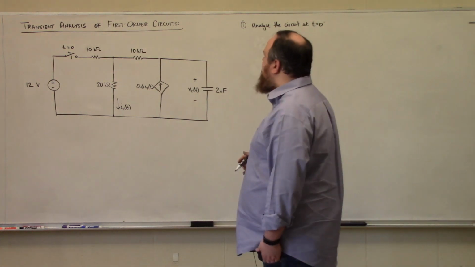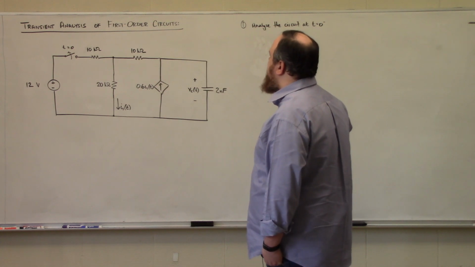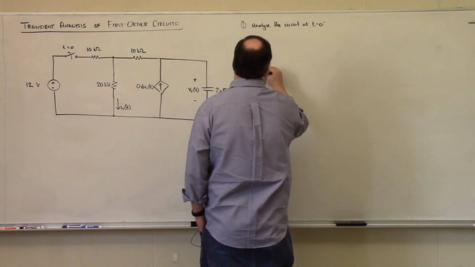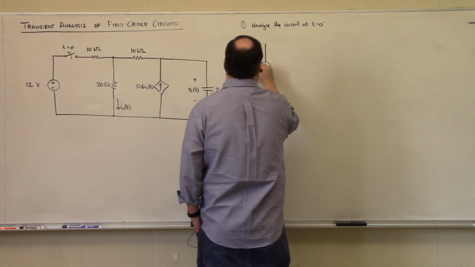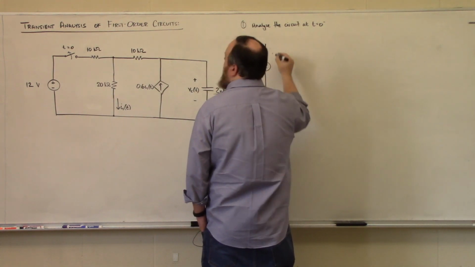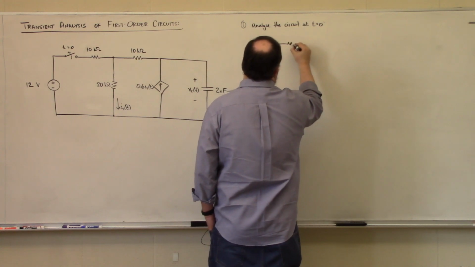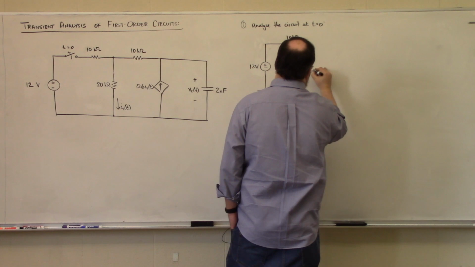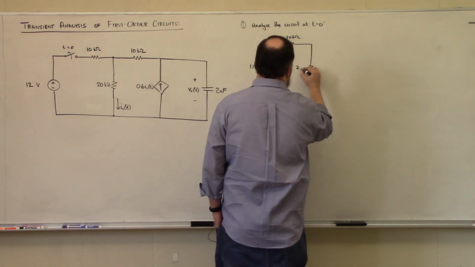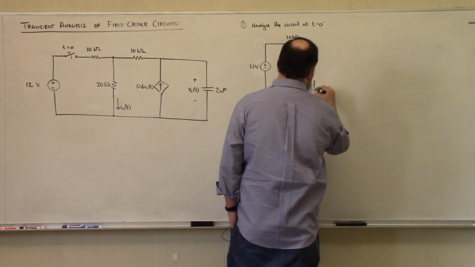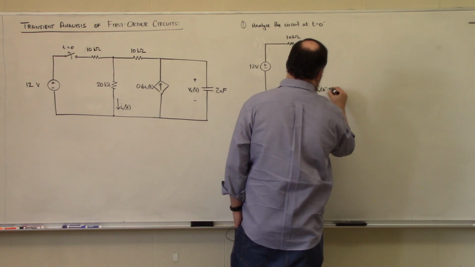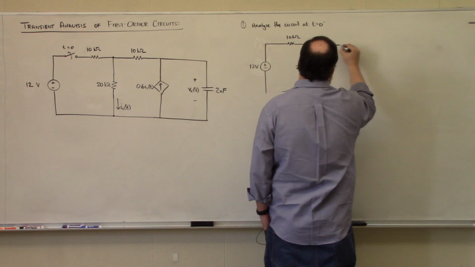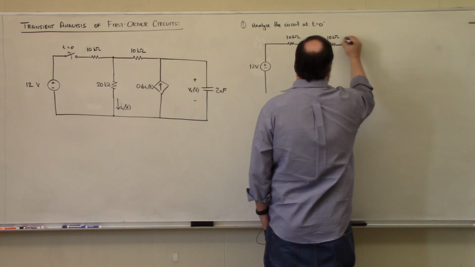So at t is equal to 0 minus, our switch is closed. So we have a 12-volt source connected to a 10 kilo ohm resistor. Here is our 20 kilo ohm resistor. This is our current I1 at 0 minus. We have another 10 kilo ohm resistor.